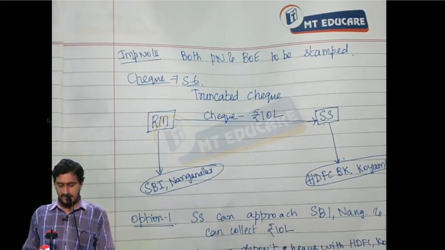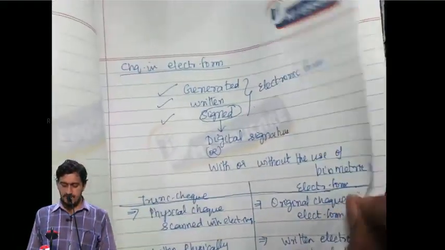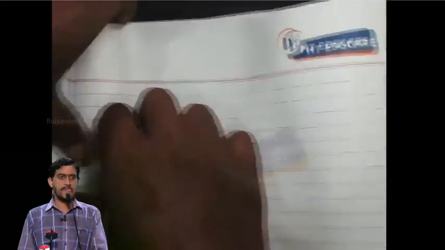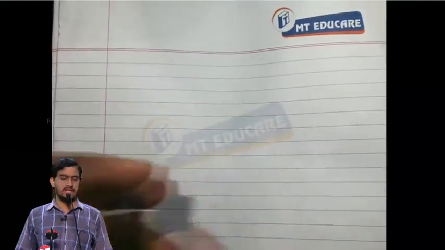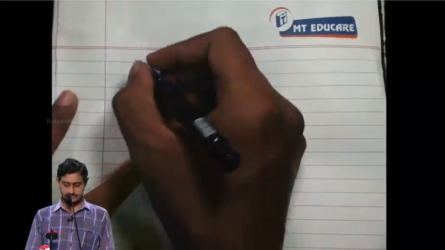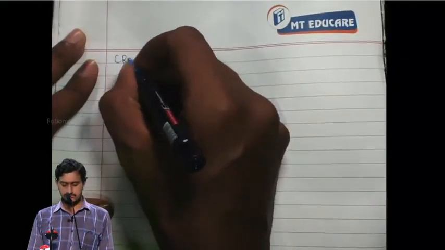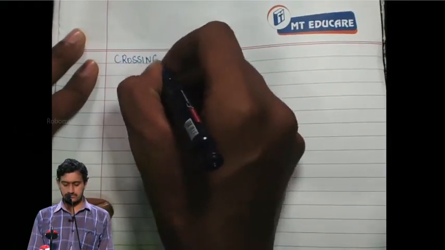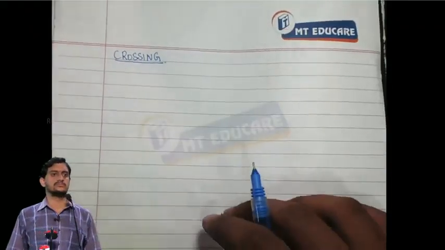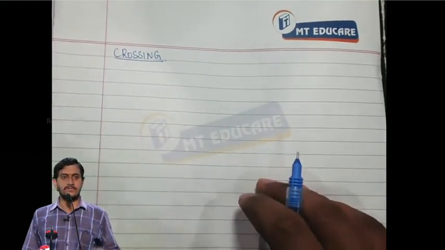Now, we are going to discuss one important concept relating to check. This is called crossing. The important concept relating to check is crossing. What is meant by crossing?